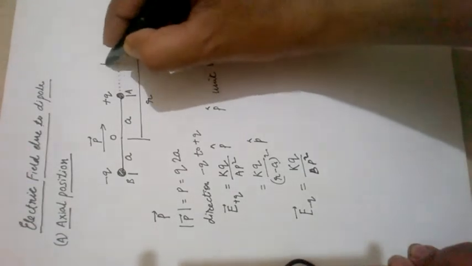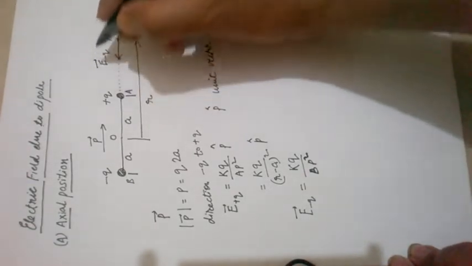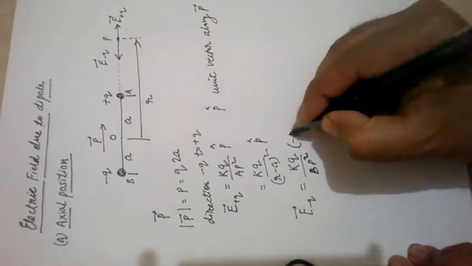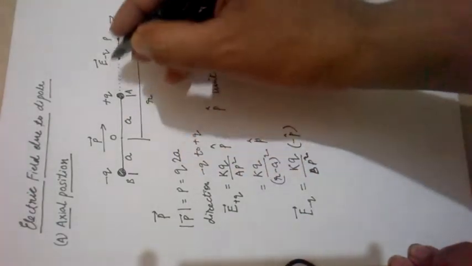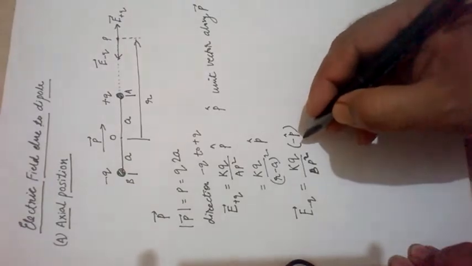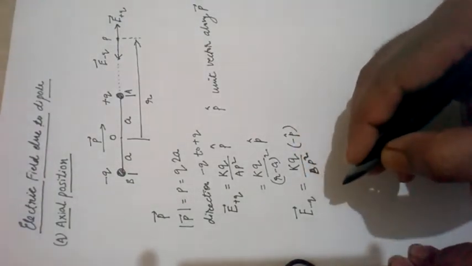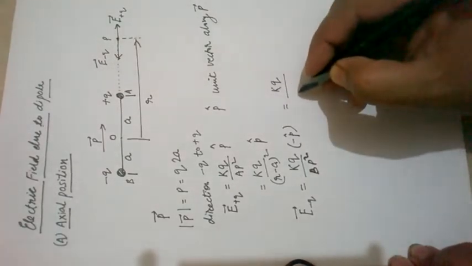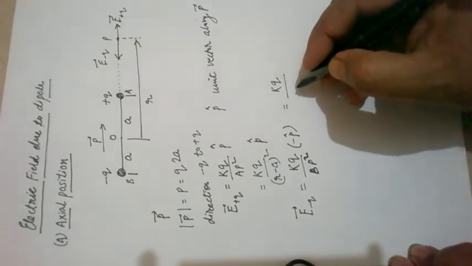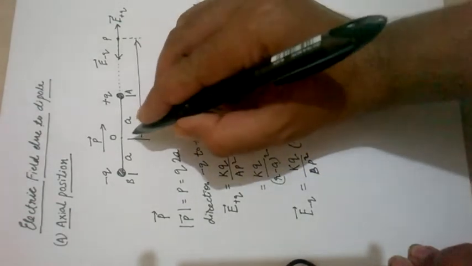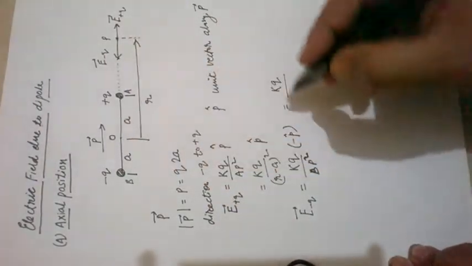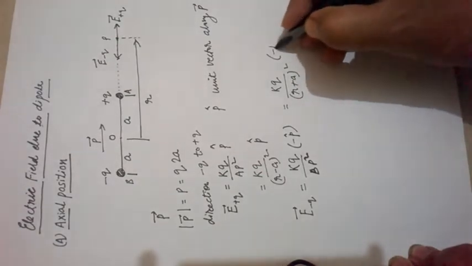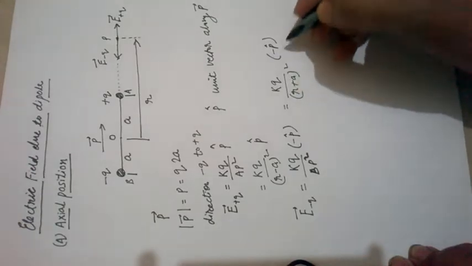So this is the electric field due to minus q charge, and I will write the direction as minus P cap, the unit vector opposite to the P vector. This is simply k q upon BP squared. From the diagram, BP is r plus a, so this is k q upon r plus a whole squared, into minus P cap. This is the magnitude part, and this represents the direction.